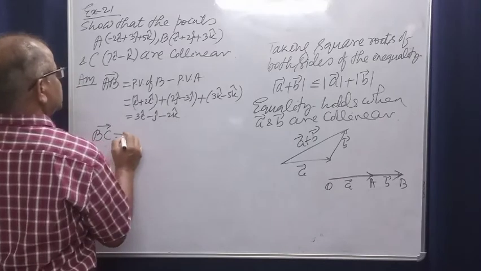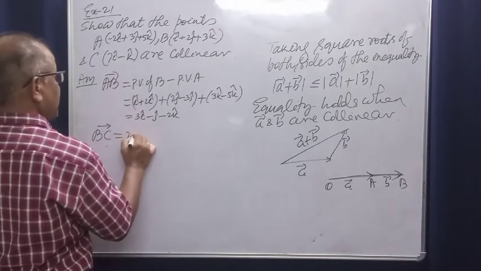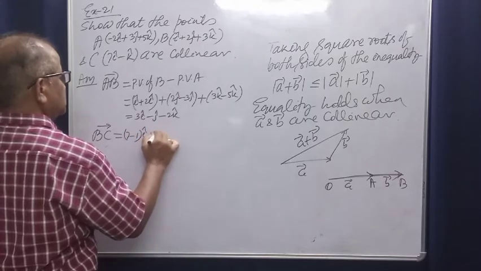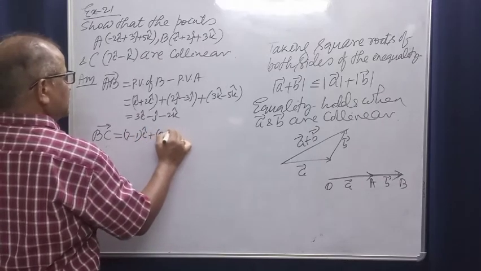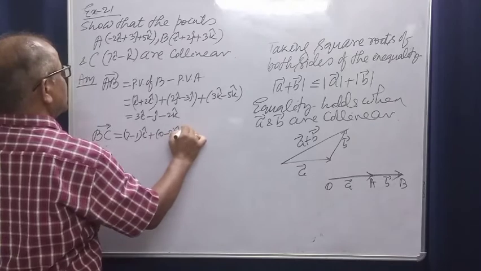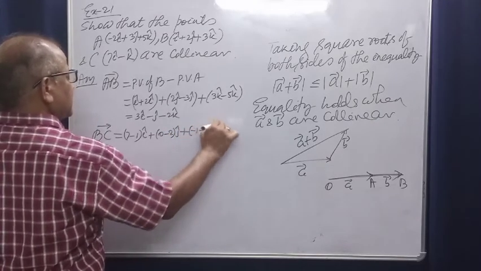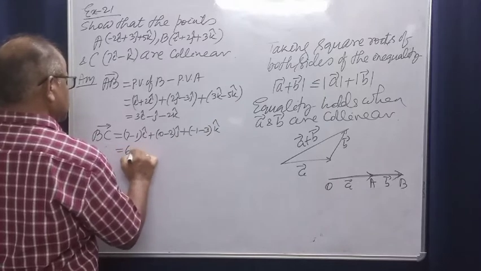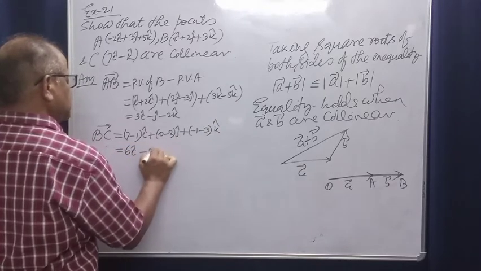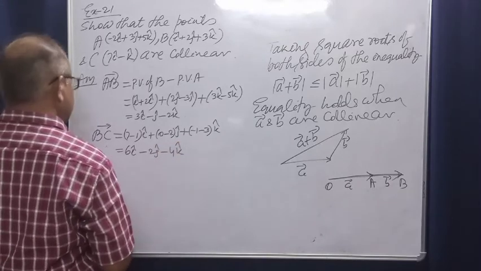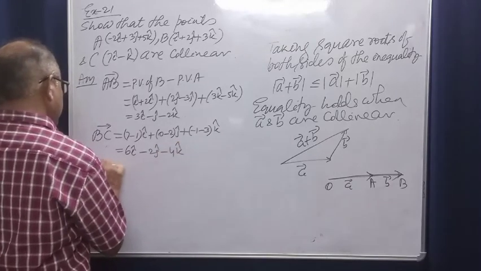vector is 7 minus 1 i cap plus 0 minus 2 j cap plus minus 1 minus 3 k cap. This is equal to 6 i cap minus 2 j cap minus 4 k cap. This is BC. And what is AC?